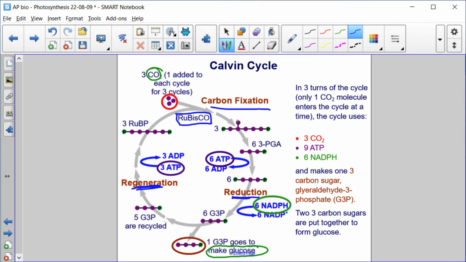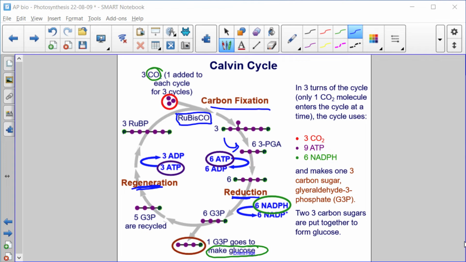So you see the addition of that carbon there. This is an unstable 6 carbon molecule that quickly splits into 2 3 carbon molecules, 3-phosphoglycerate, which you see labeled here as 3-PGA. The next step in the cycle is reduction, or the conversion of that CO2 to carbohydrate or glucose.